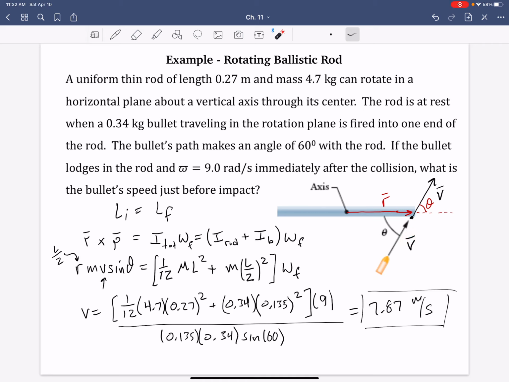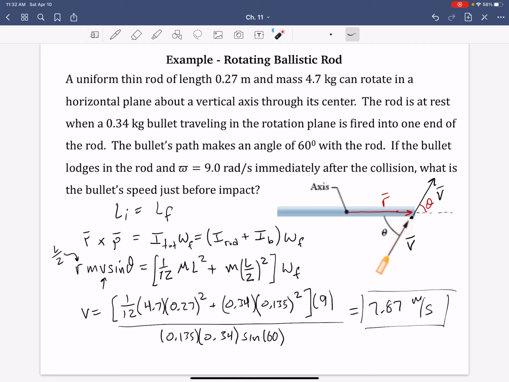So this was another example on the conservation of angular momentum. It was a collision problem with rotation. We synthesized the angular momentum before the collision that did not have rotation.